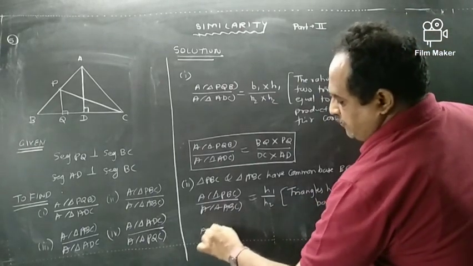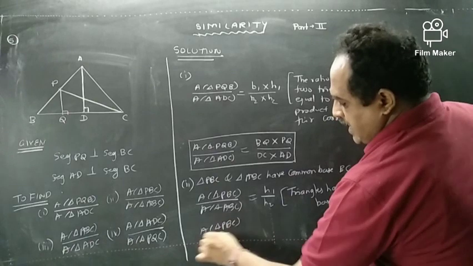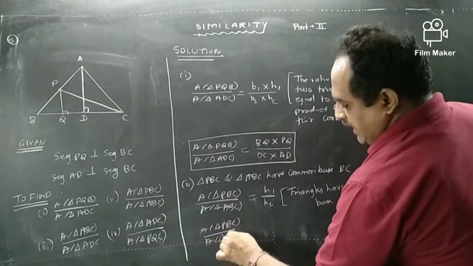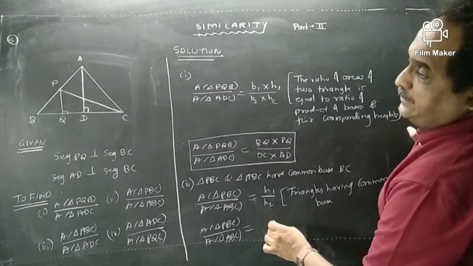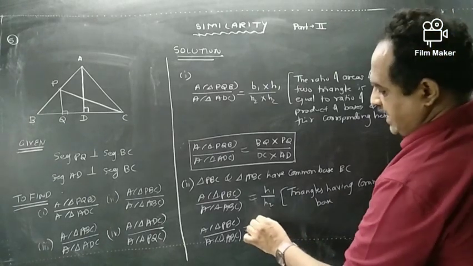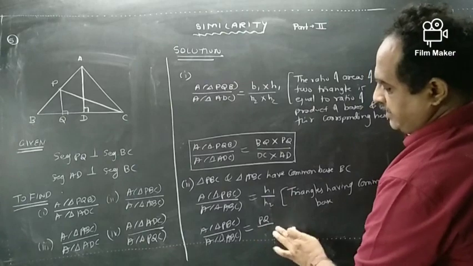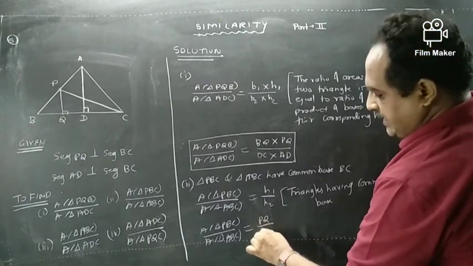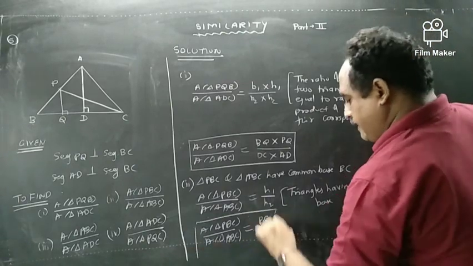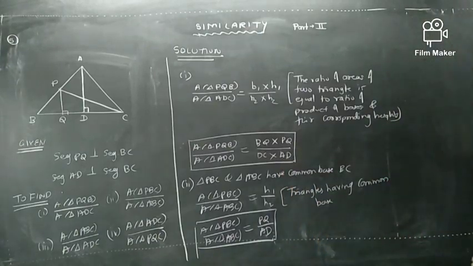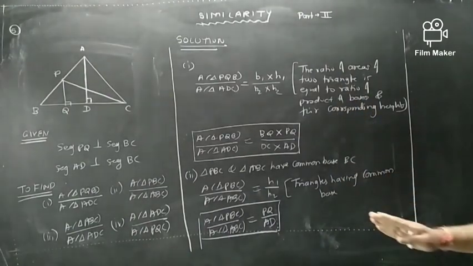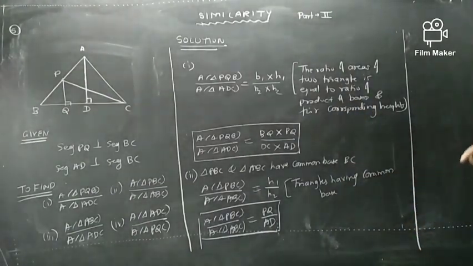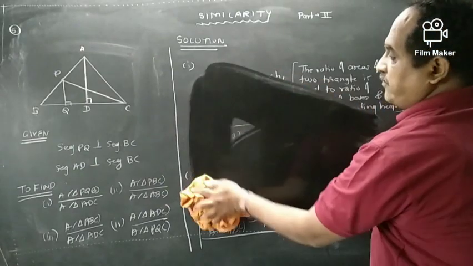Therefore, area of triangle PBC upon area of triangle ABC is equal to PBC having height BQ and ABC having height AD. Okay. So you have to copy down this. And after copying down, we have to see the third and fourth question.